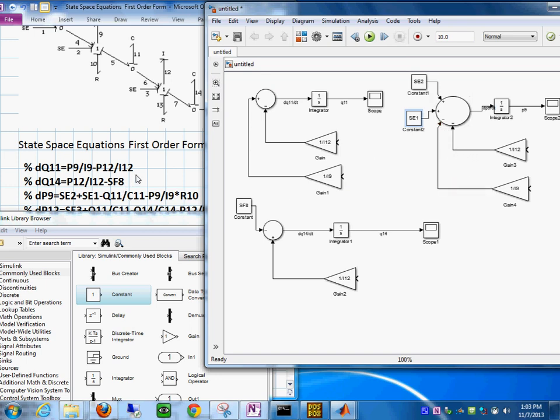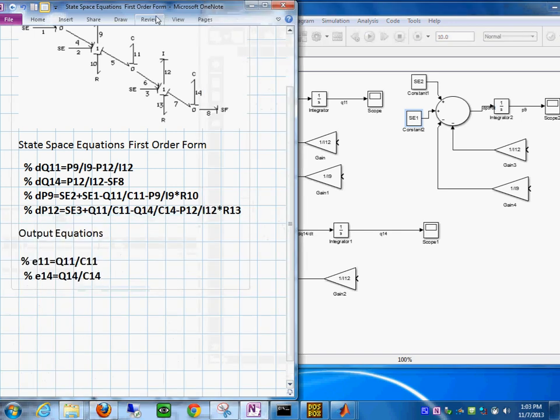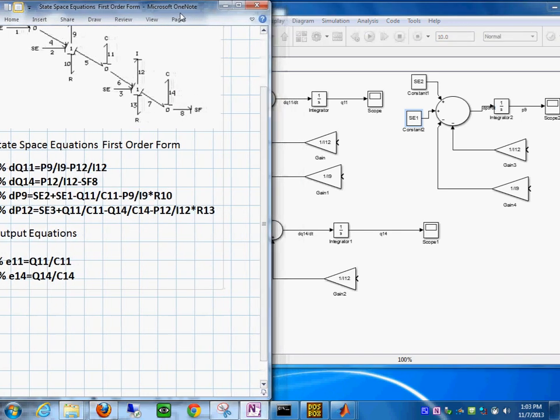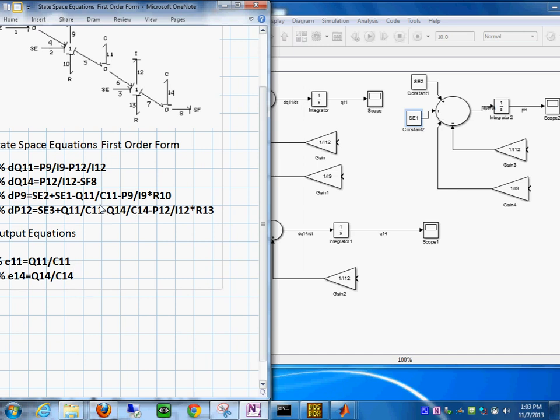But the first one that we have in here is with Q11, which is 1 over C11 Q11.